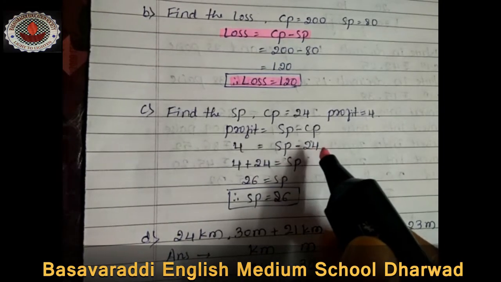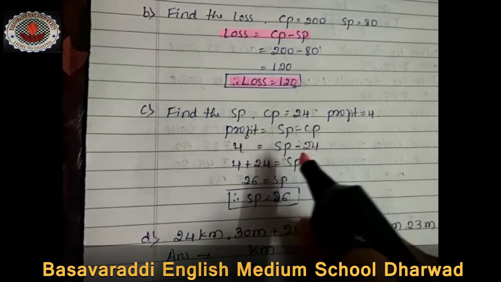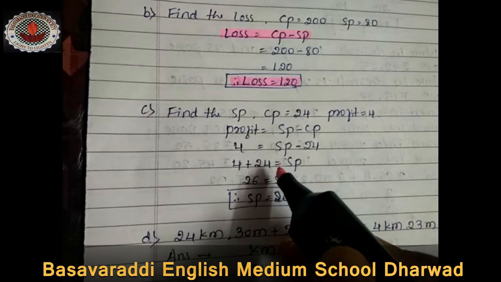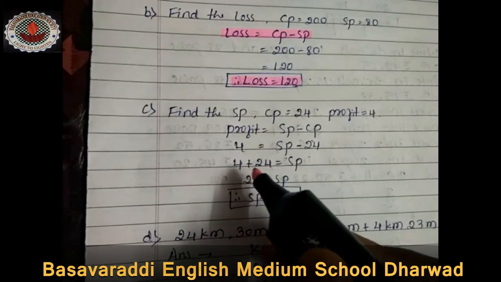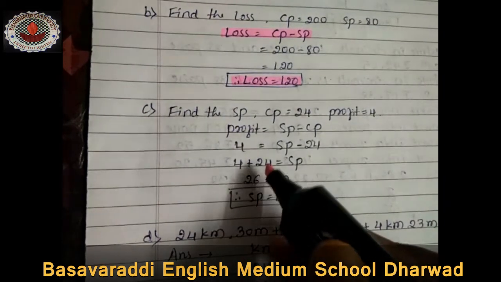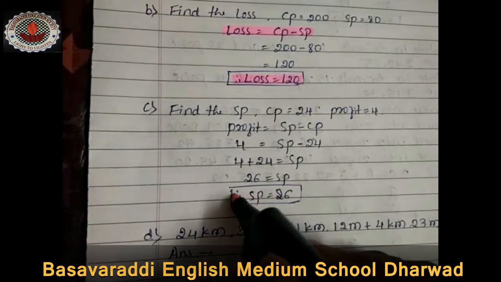Let's bring the minus 24 to the left, that becomes plus 24. So SP is equal to 4 plus 24, which is 28. So we find the SP value is rupees 28.